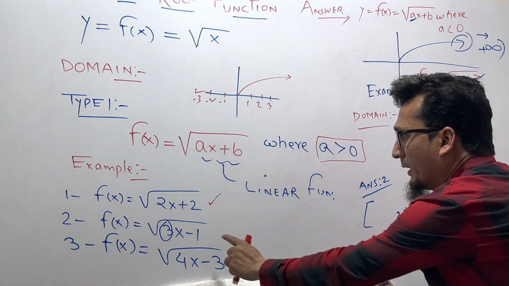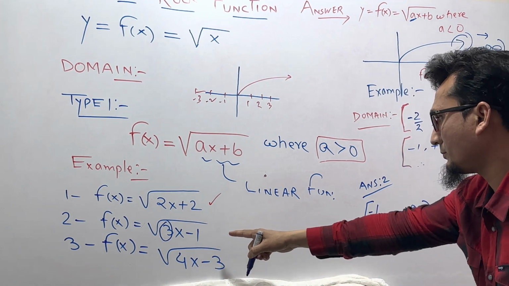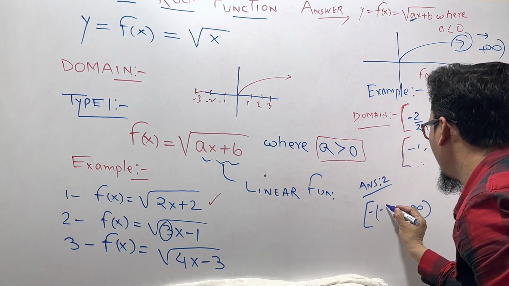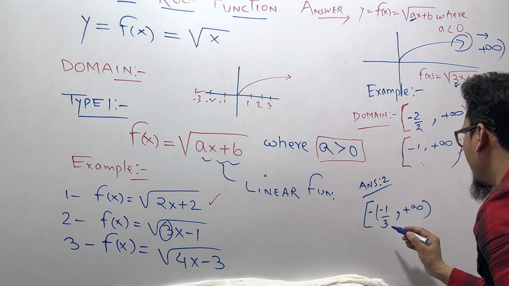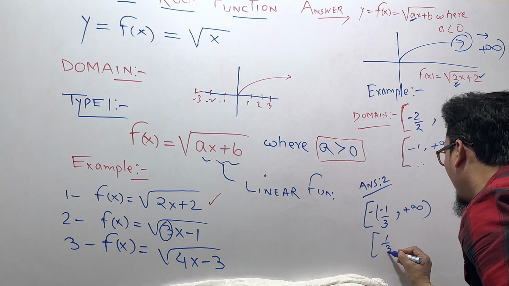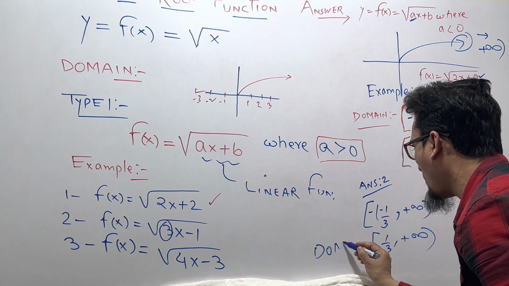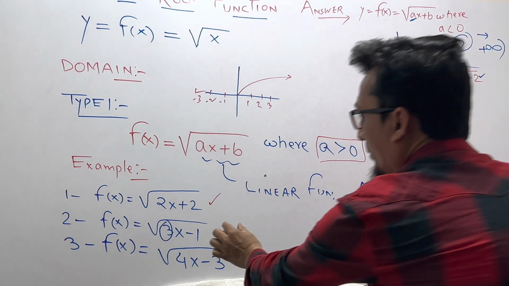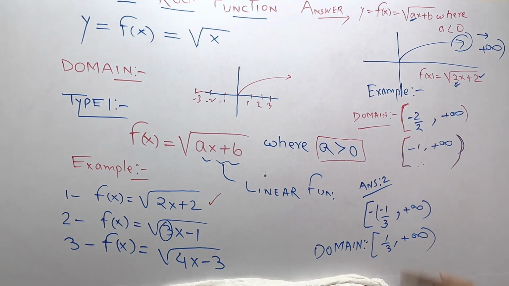Take the minus, always minus, and take this coefficient, which is minus 1, so write down minus 1, and this is 3. So minus minus plus, you can say 1 over 3 to positive infinity. Always take this number divided by this number, and then take the minus sign. This is the formula. So the domain of this function is 1 over 3 to positive infinity.